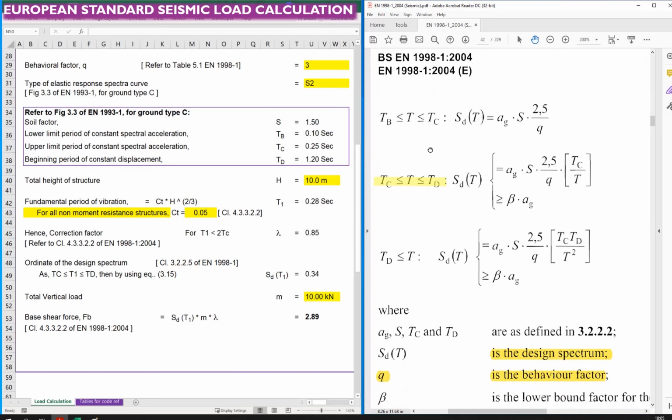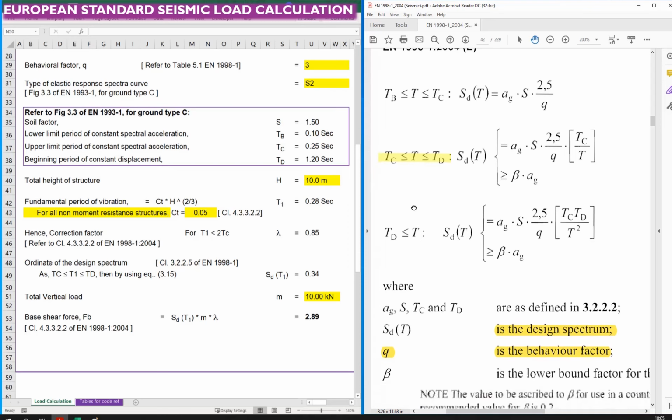The third case is Tc less than or equal to T and less than or equal to Td, then St of T equals Ag into S into 2.5 divided by q into Tc by T. The last condition is if Td is less than or equal to T, then St of T equals Ag into S into 2.5 divided by q into Tc into Td divided by T square.